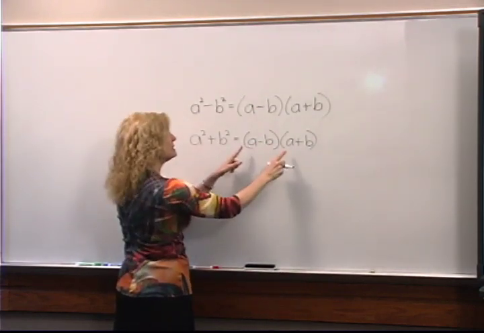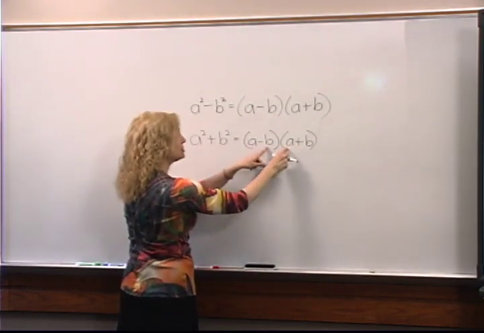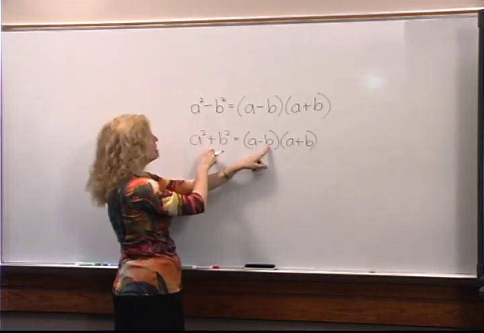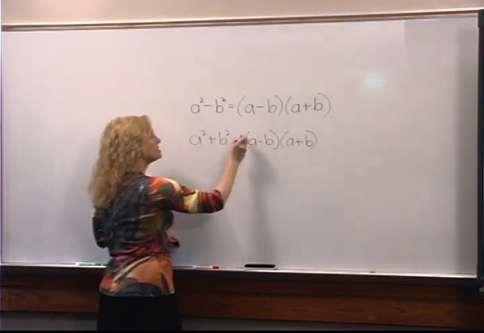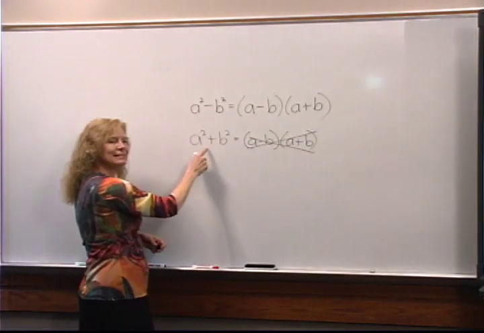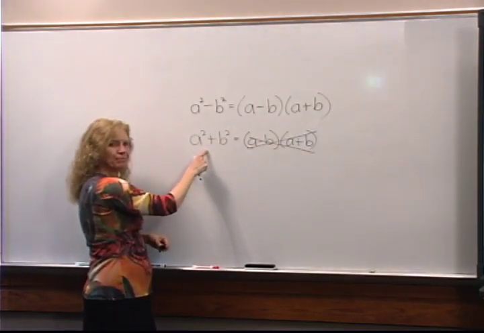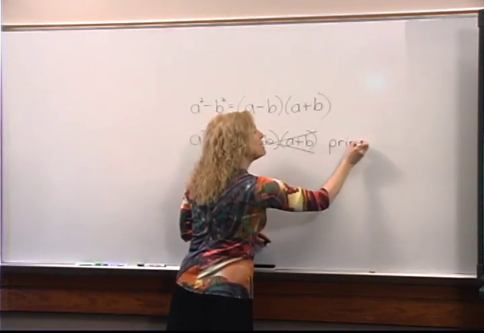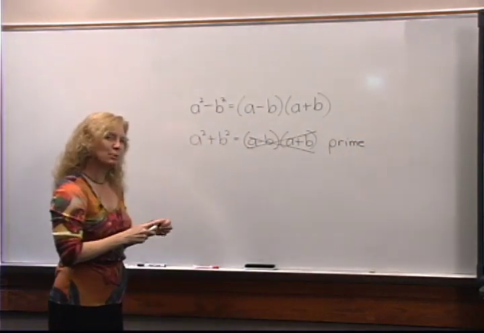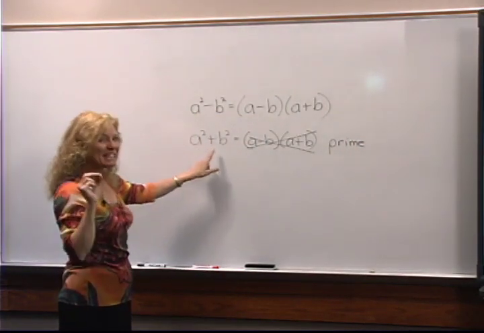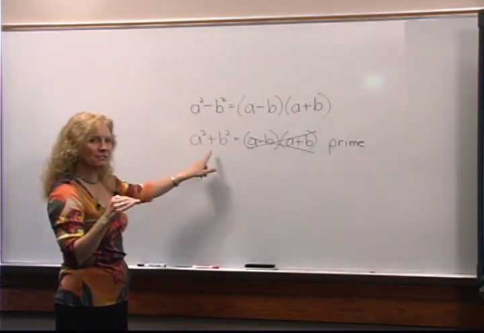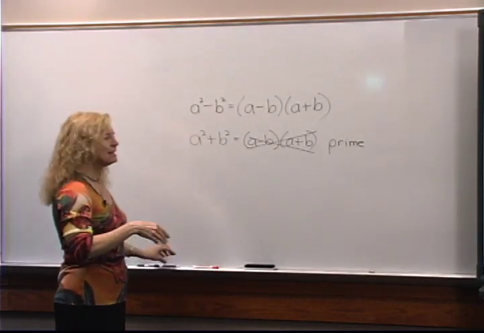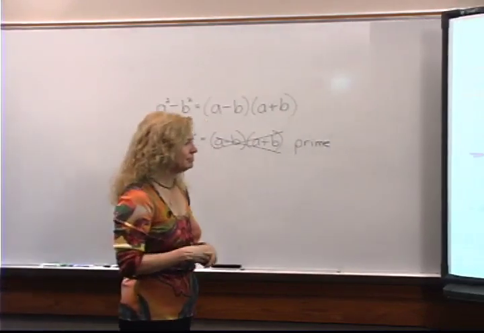Well, the good thing is I get my a squared, my outers and inners drop out, but look at what happens at the end. I get a minus b squared. See, as it turns out, this guy does not factor. This guy is prime. We have prime polynomials just like we have prime numbers. So if you have a simple sum of squares, he will not factor. Okay? Some of the higher powered ones do.